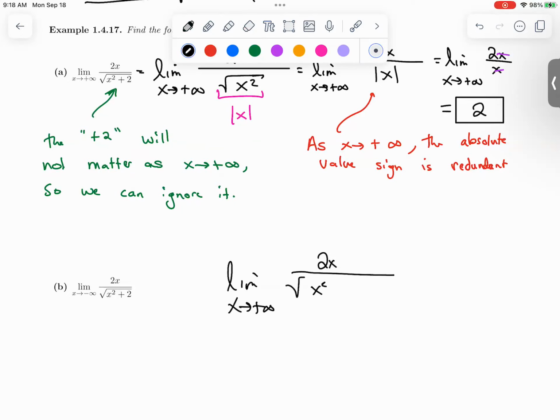That is a good question. And it still will not matter because it's just a 5. If it was a 5x, because the square root of x squared grows at the same rate as x, that would become an issue. But as it stands, that plus 5 does not matter. So the limit would still be 2 and not 2/5.